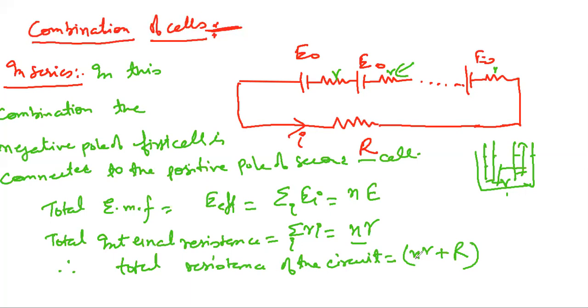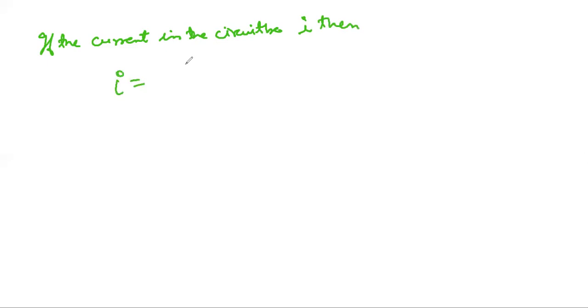No, sir. Next, if the current in the circuit is I, then I is equal to nE divided by nr plus capital R. This is the formula for the current drawn.